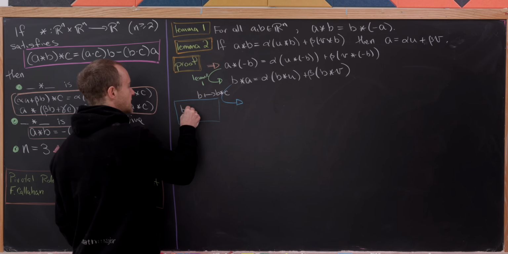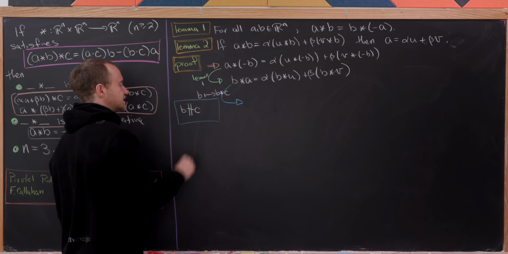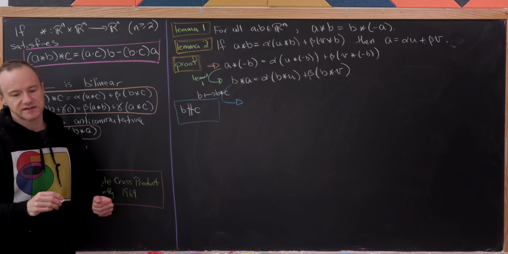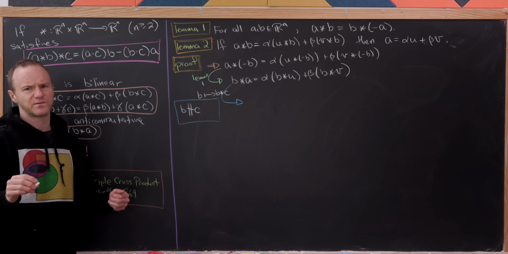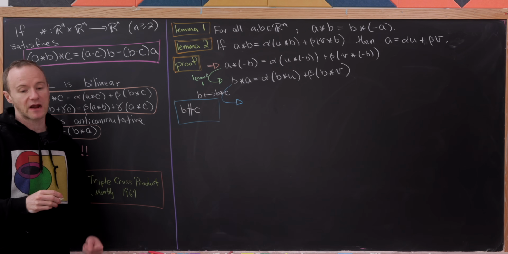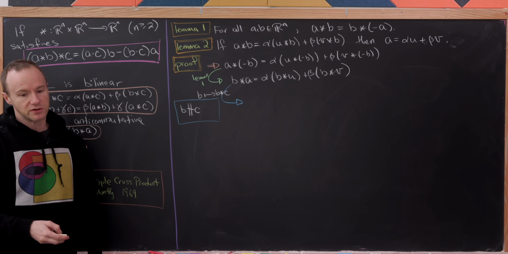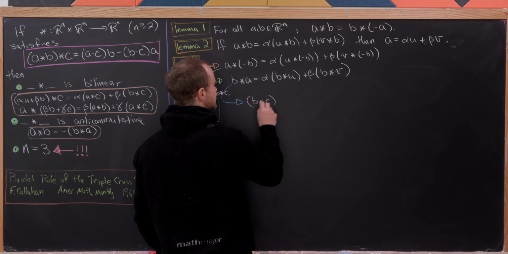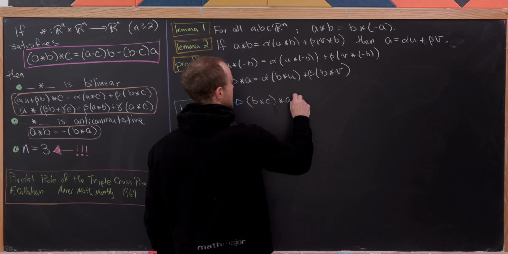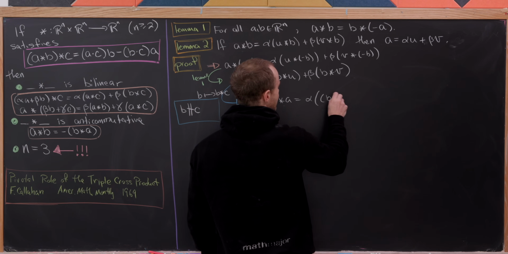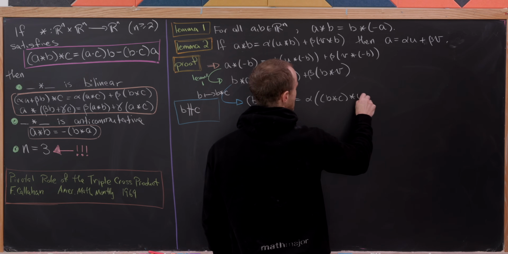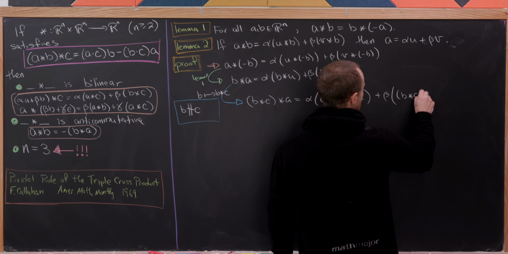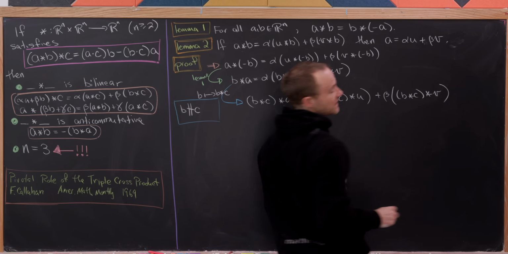In other words, B is not parallel to C. If you're just dealing with two vectors here, linear dependence or independence can just be phrased in terms of parallelness. Okay, good. So let's see what that leaves us with. We'll have B star C star A is equal to alpha times B star C star U, plus beta times B star C star V.